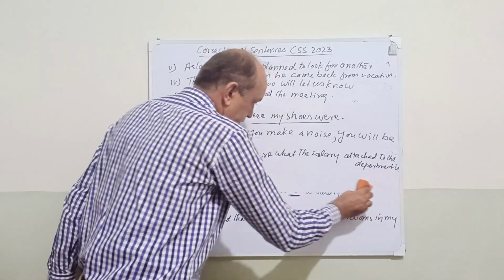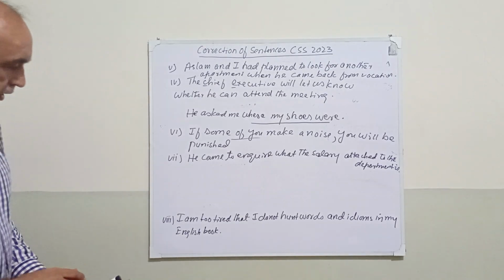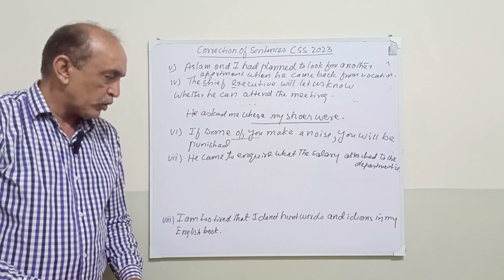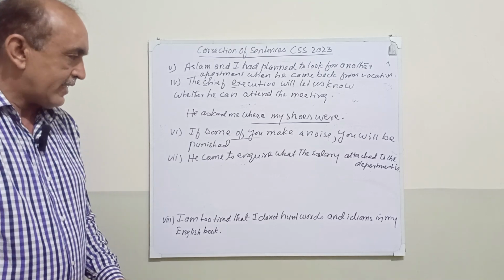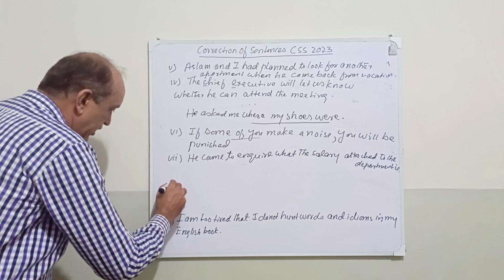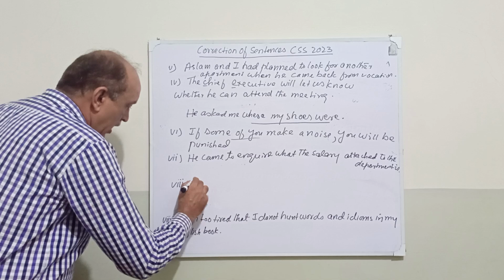And the last one, we are going to change the last one, that is, I am too tired that I do not hunt words and idioms in my English book. Now how are we going to change it? The 8th one.